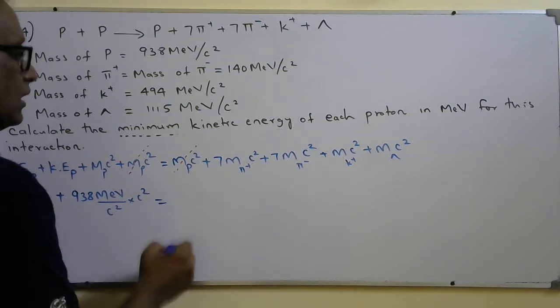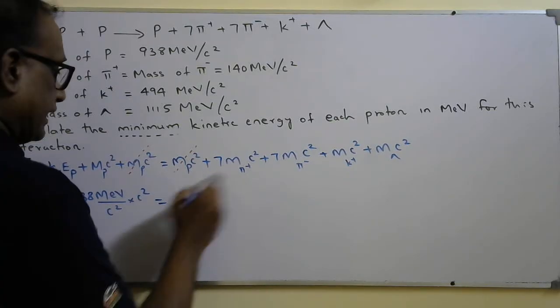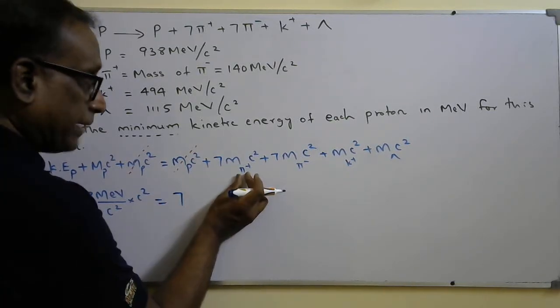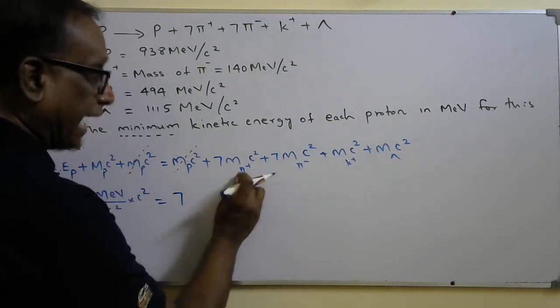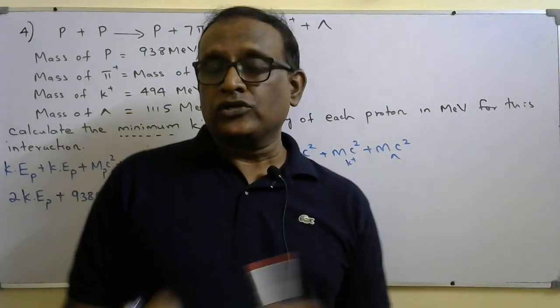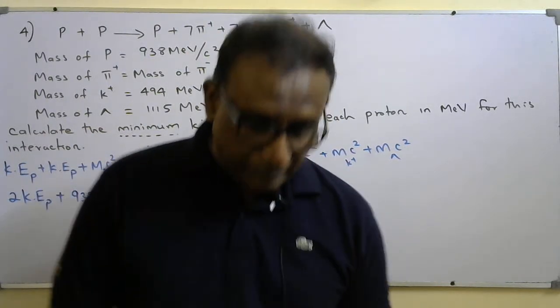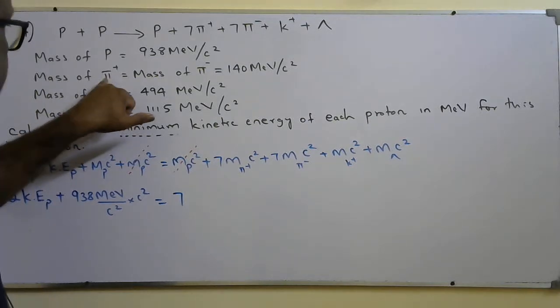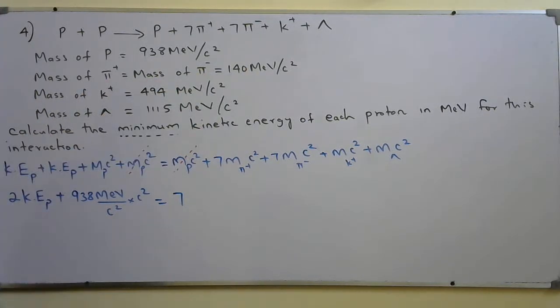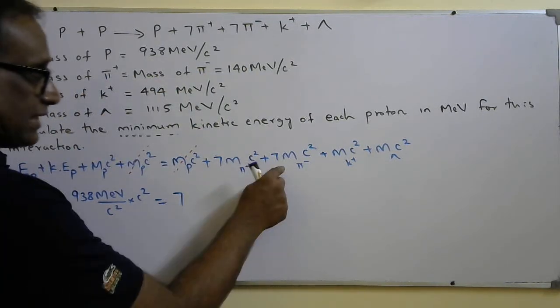Is equal to, this got cancelled, 7 times mass of pi plus, mass of pi minus. You know they are antiparticles. The positive pion and negative pion are antiparticles. They will have the same mass. That's correct, because here they are the same, mass of pi plus, mass of pi minus. So I can say 7 plus 7, 14.